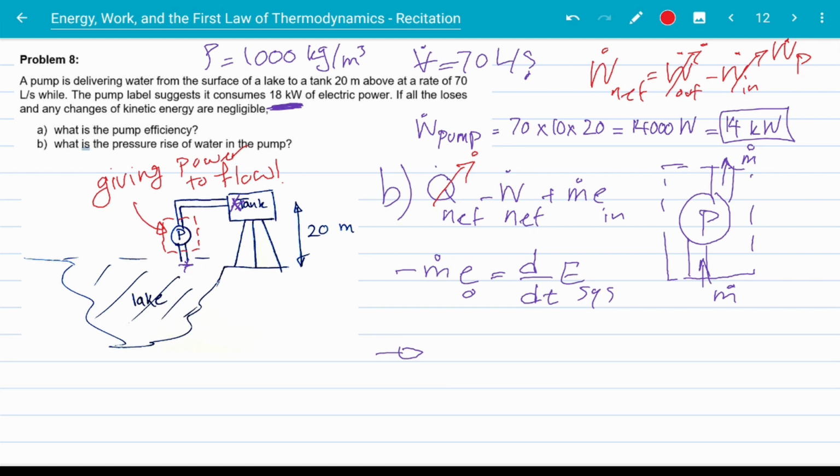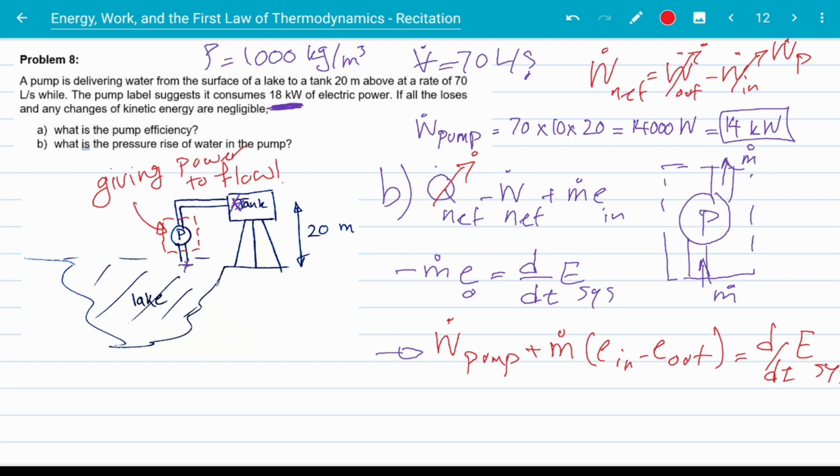So we get that W dot of the pump plus m dot times E in minus E out, which is the total energy of the fluid coming in minus the total energy of the fluid going out, is d/dt of the energy of the system.